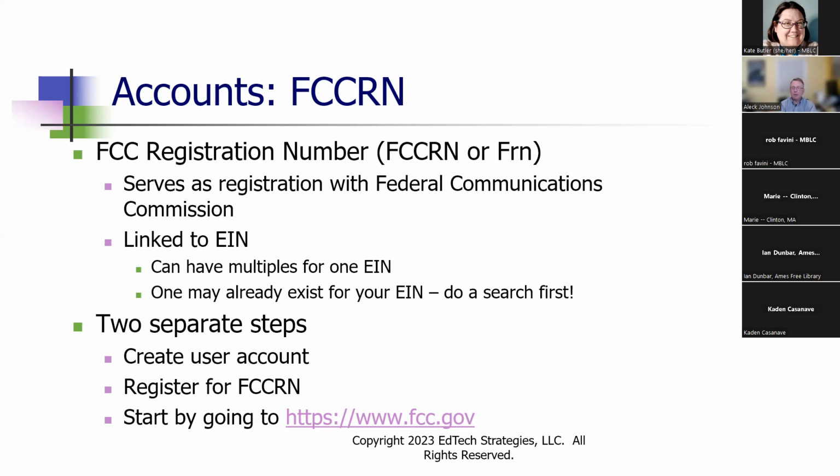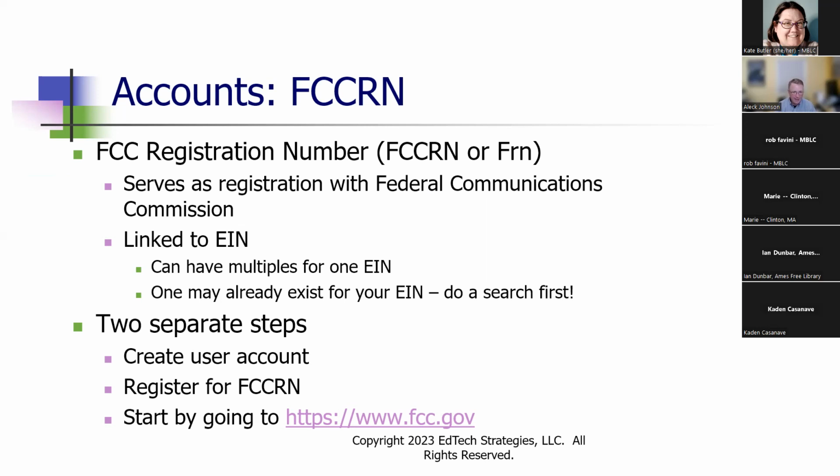You could also set up a new FCC registration number using that same EIN. Today we'll walk through how to search and find whether you already have an FCC registration number. If you do, great. All you need to do is pull that number, and you don't need to worry about setting up an account. If you don't already have one, we'll walk through the steps you need to go through in order to get one.